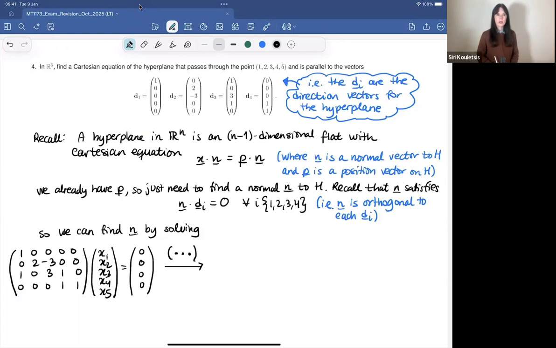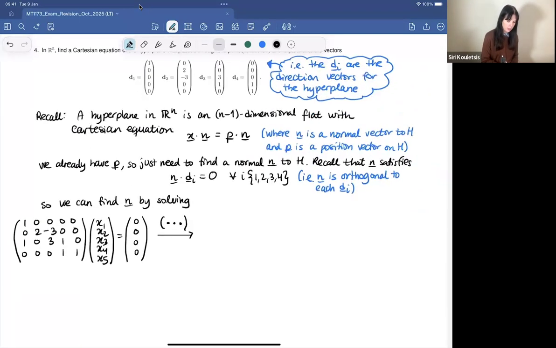Now, I'm not going to do the row operation here. I'm just going to give you here the row reduced echelon form.